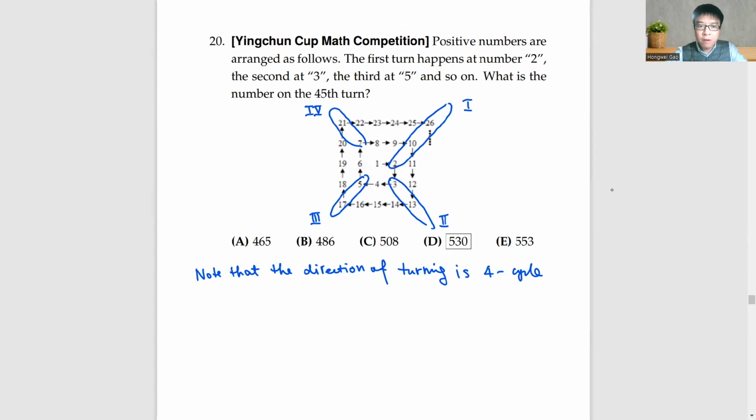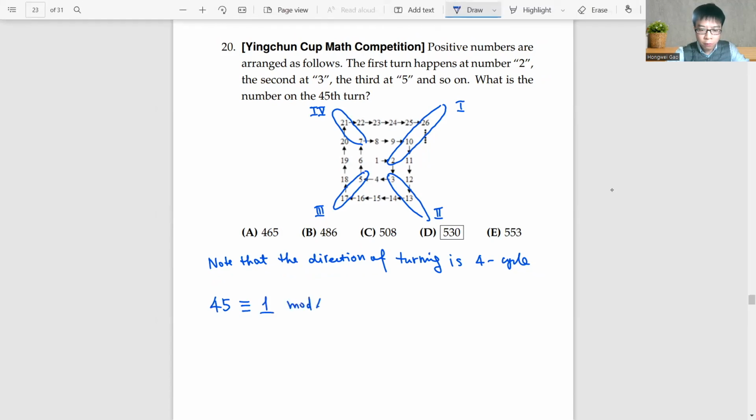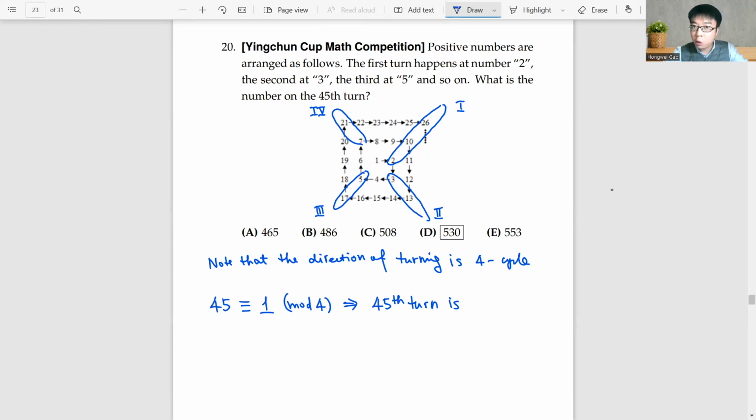So in order to find the 45th term, what's the number there, we need to determine which direction the 45th term belongs to. 45 is congruent to 1 mod 4. That implies the 45th term is in direction 1.